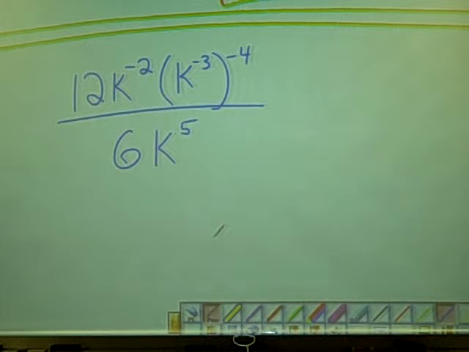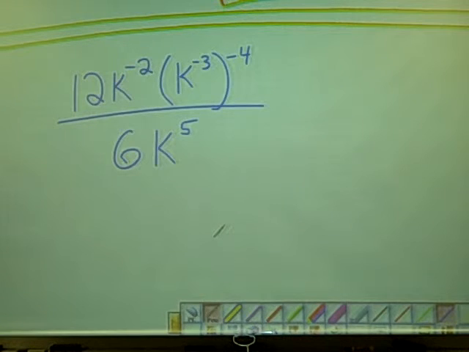Alright, what do we do first? We've got several terms, and we've got 12, we've got k to the -2, we've got k to the 3rd, and k to the -4th, all in the numerator, and then we've got 6k to the 5th in the denominator.